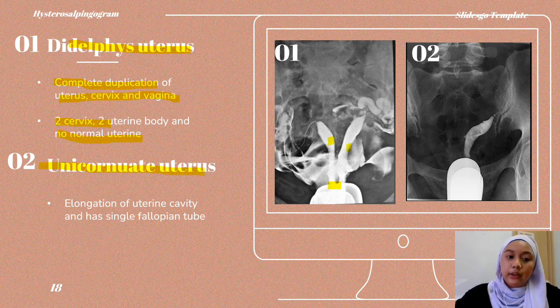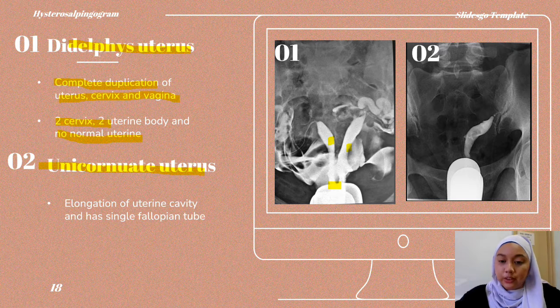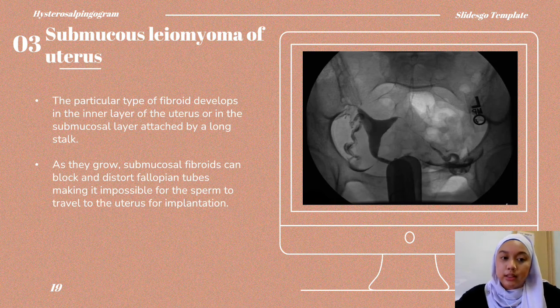And for number 2, we have the unicornuate uterus, which is the elongation of the uterine cavity and has a single fallopian tube. So as you can see, we only have a single spill of the contrast media, and there's the elongation of the uterine cavity. Diagnosis number 3 is submucous leiomyoma of the uterus.